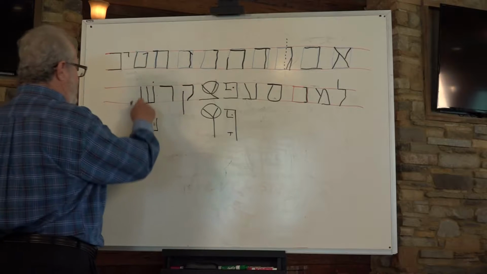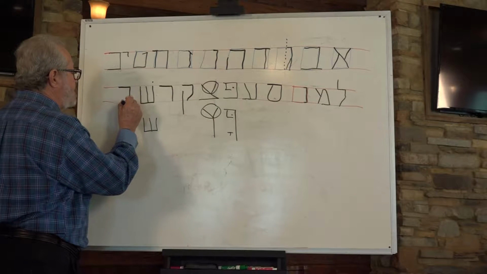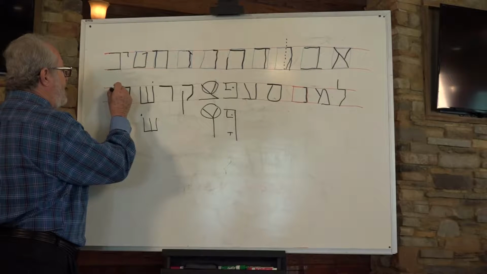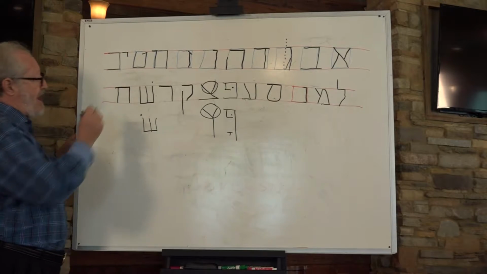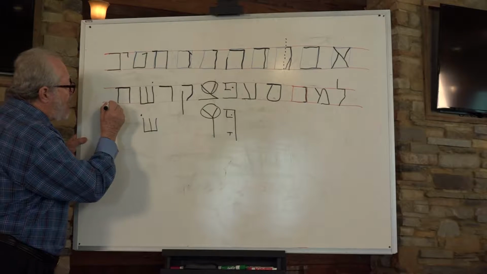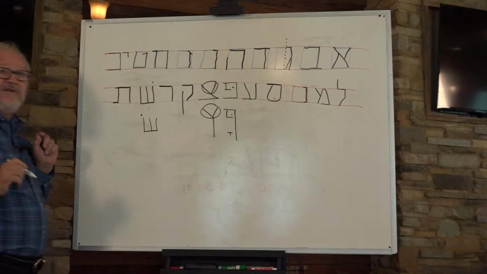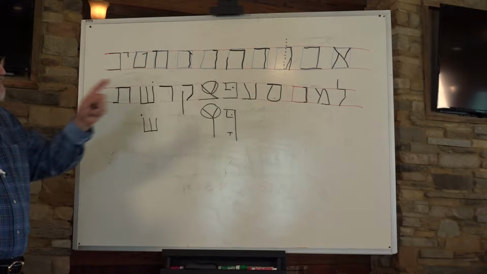Okay, so you got sheen, and the last but not least, the taf. Starts out with a resh, then becomes a chet, and then has a kotz on the bottom, not top, but bottom left. Okay?